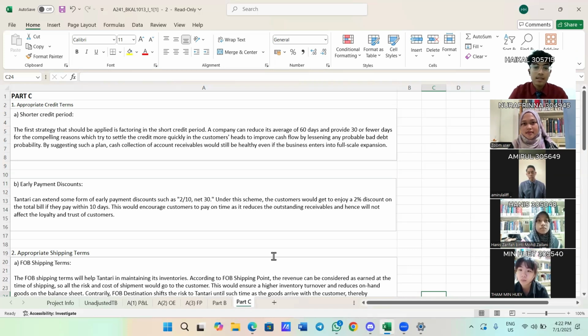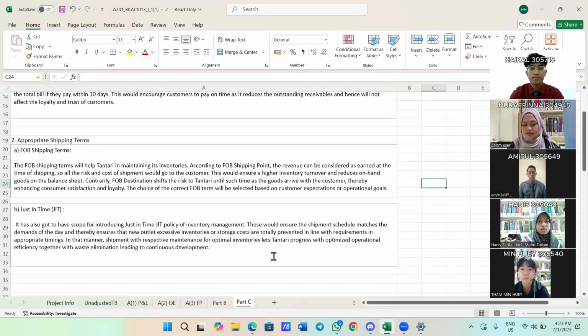Under this scheme, the customer will get to enjoy 2% discount on the total bill if they pay within 10 days. It would encourage customers to pay on time as it reduces the outstanding receivable and will not affect the loyalty and trust of the customer. Okay, thank you, Haikal. That is the answer for appropriate credit terms for question 1.